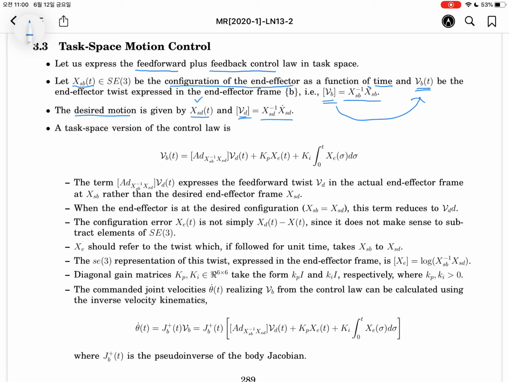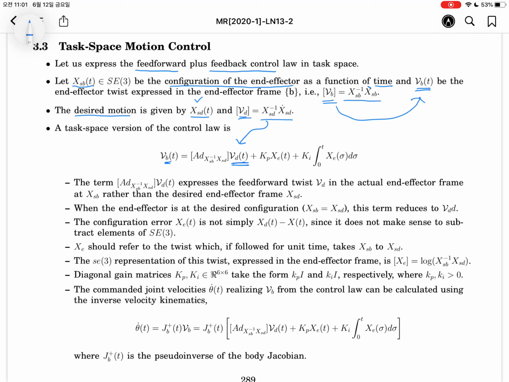Now we will write down the end effector task space version of the control. The desired twist is given like this, but it is described in terms of the D frame, right? So the D frame should be changed into the B frame, the body frame.